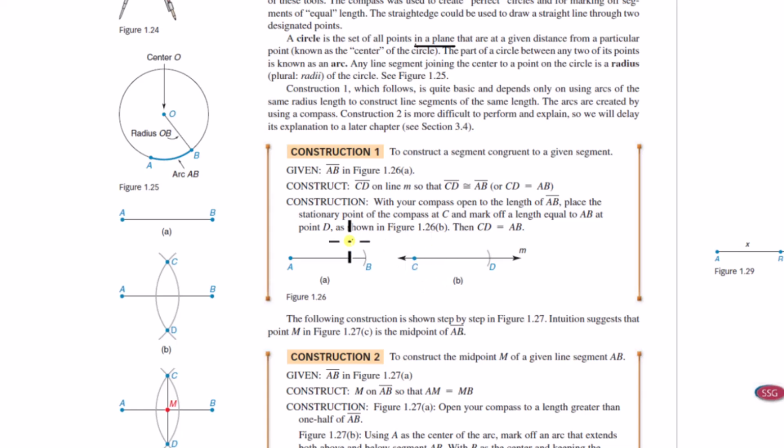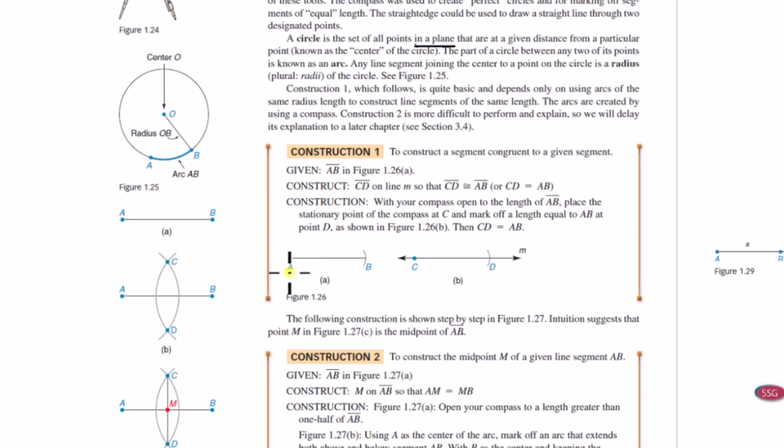It's just another way of constructing: instead of using a ruler, you could use a compass to create a segment that's congruent to AB. I think the idea they're going for here is that you've drawn a tiny portion of an arc here, and a tiny portion of an arc here, but you fixed the radius on your compass.